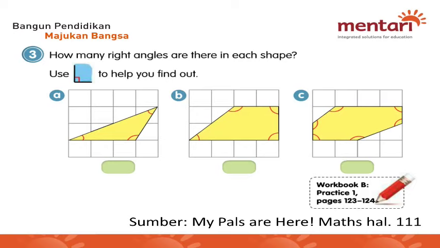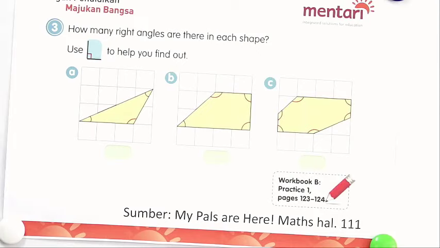But the difference here is the figures are drawn on square paper. Sometimes it is easier for you to see the types of angle if it is drawn on the square paper, and we can use our square paper to help you find out. Now let's check one by one.